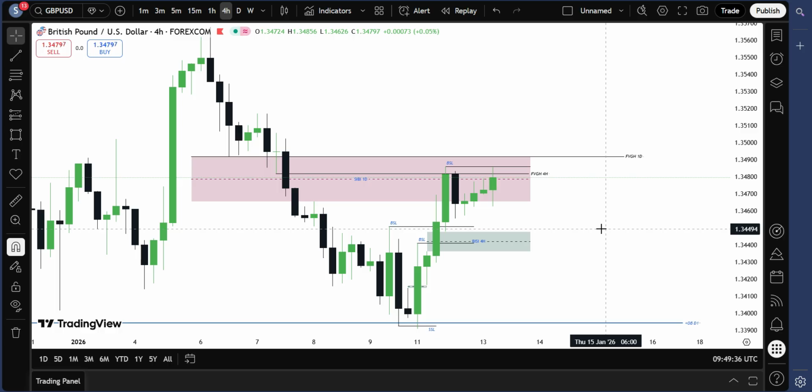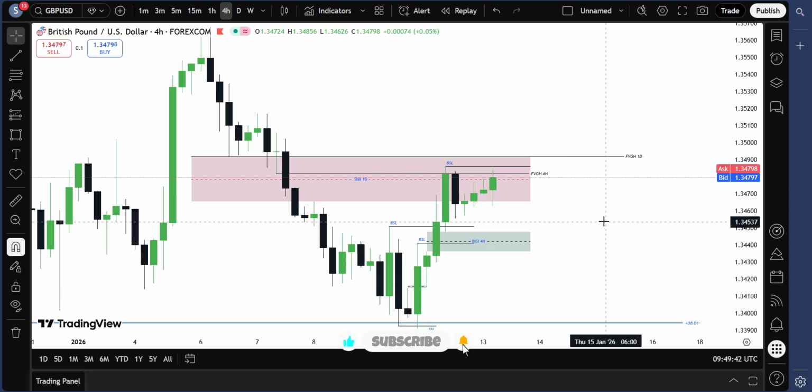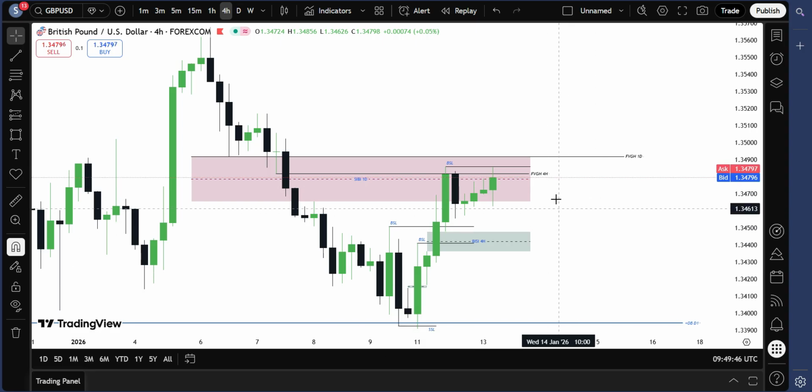So presently, what we would say in reference to the trading model we use is that price is trading within a range because there's no clear point of liquidity that has been taken.